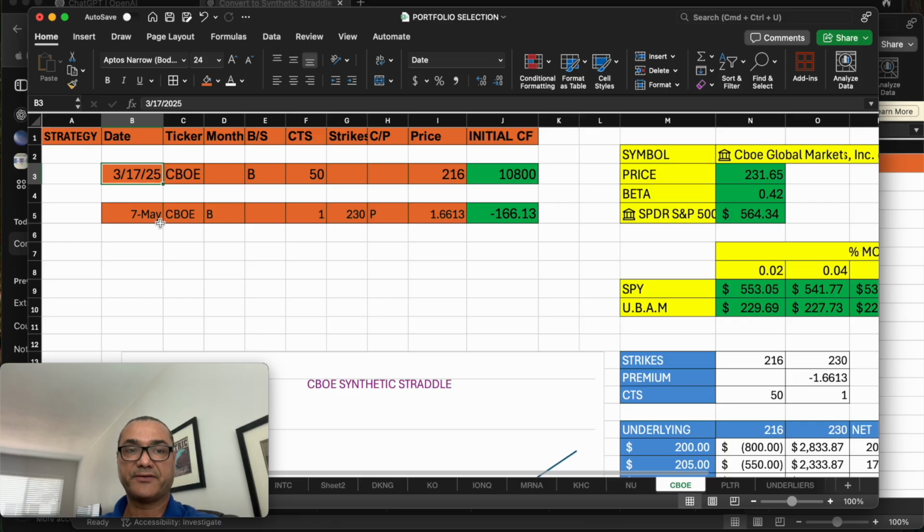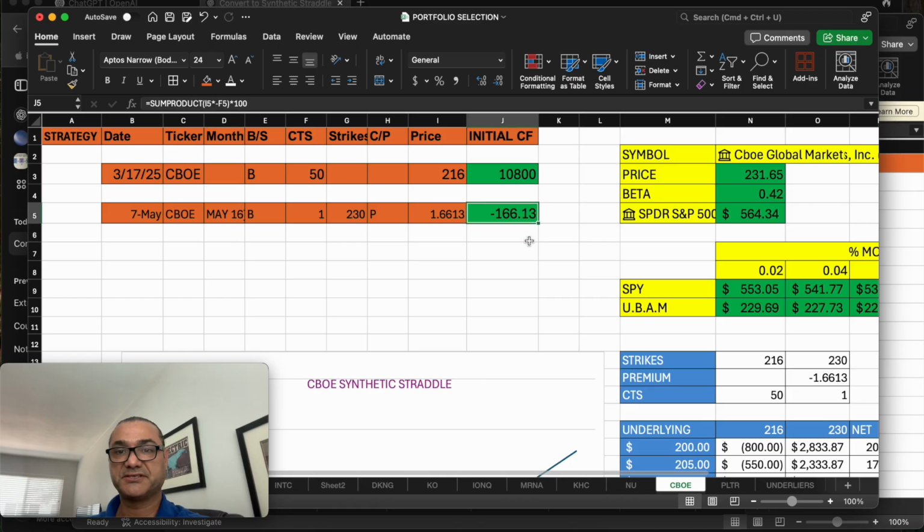On May the 7th, I decided to turn this into a vol play. So I bought a put at the 230 strike, which expires May the 16th. So I have an expiration coming up soon, May the 16th. And this put cost me, with commissions, $166.13. So I paid $1.65 times the multiplier of 100.